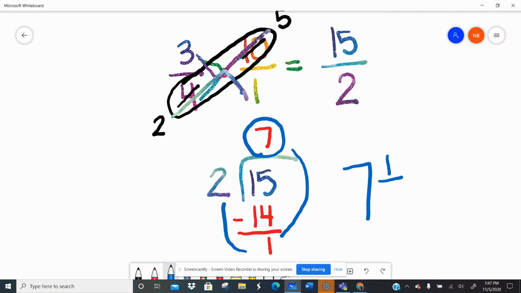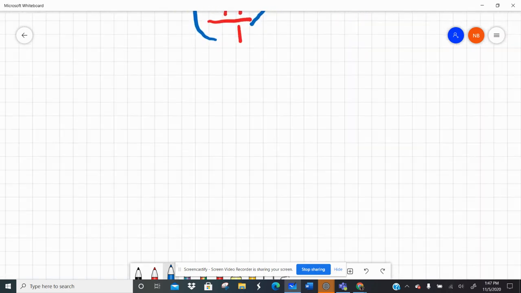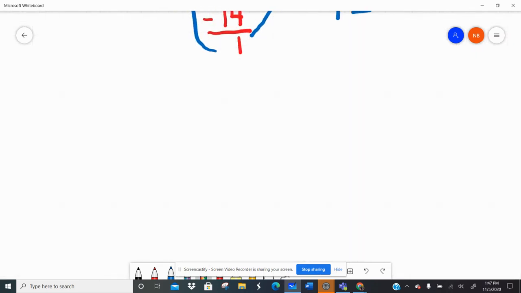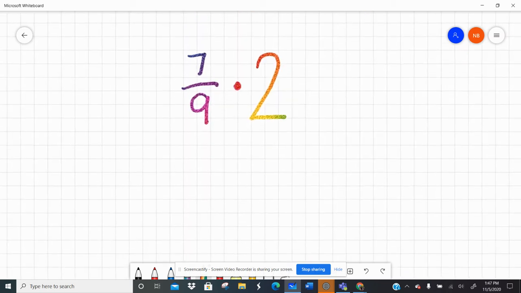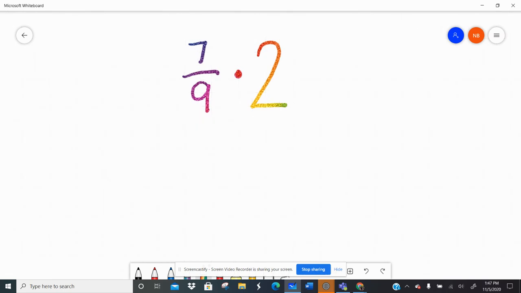7 and 1/2. Okay, I'm going to do one more problem, but this time I'm not going to cross simplify. I'm just going to go with it and see where it takes me. So let's do 7/9 times 2. Right? Again, I have that fraction and a whole number, but I want to make it a fraction times a fraction.